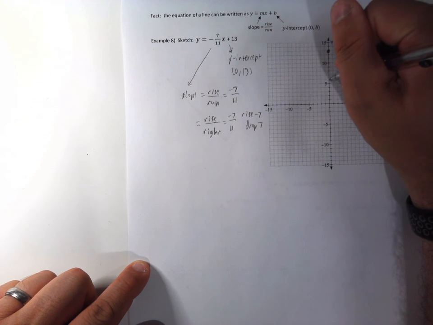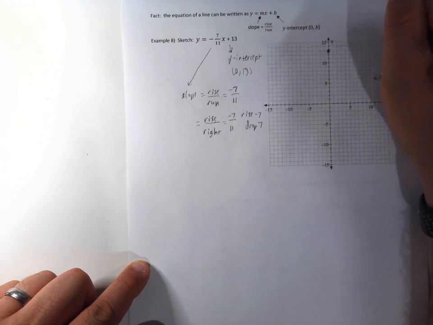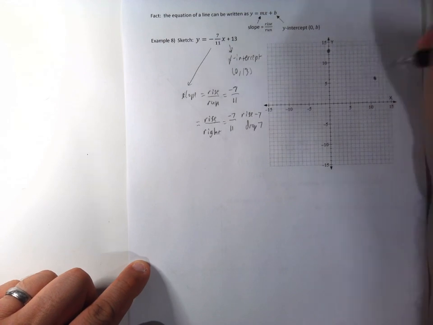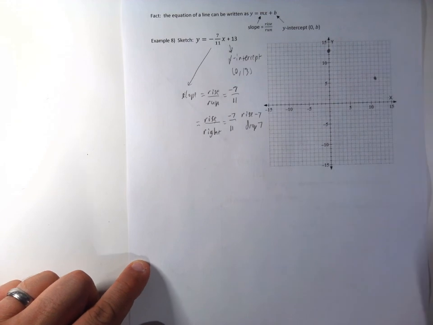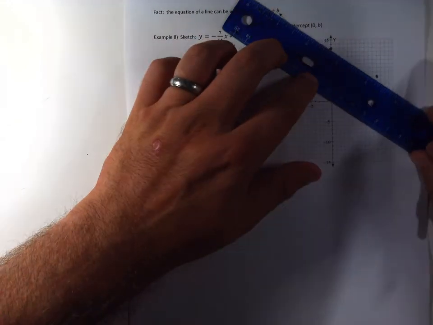And I'm going to run right 11: 1, 2, 3, 4, 5, 6, 7, 8, 9, 10, 11. X coordinate 11. I'm going to put my line through.